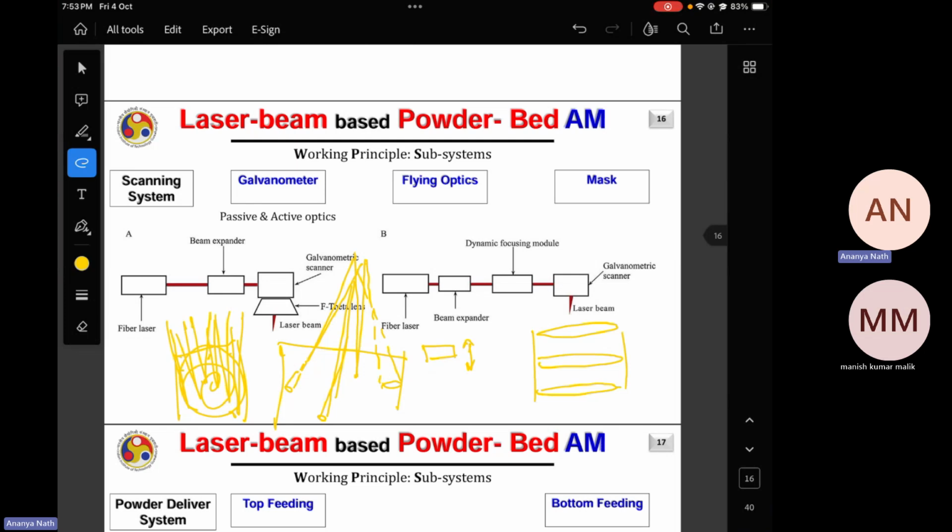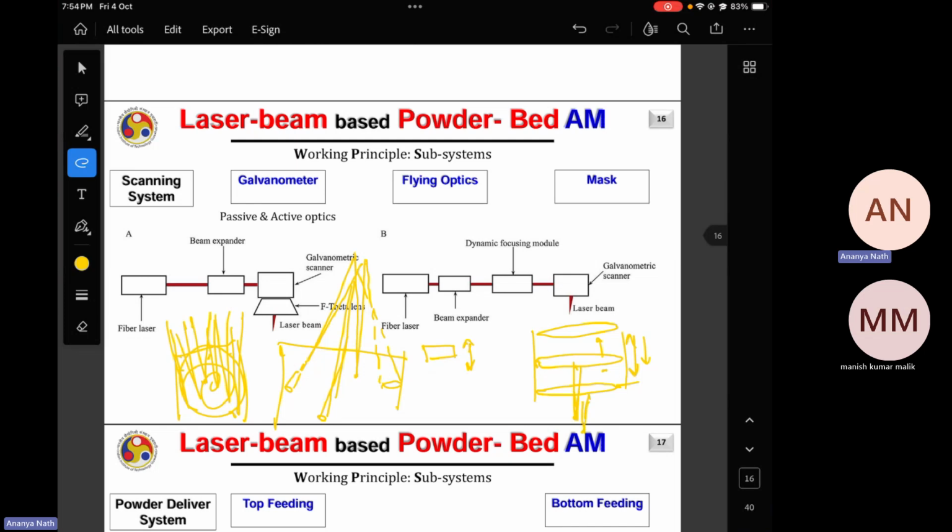So this lens is, suppose, a galvo scanner, which is capable of moving the laser beam very rapidly over the build plate. But this lens can move up and down. So if this is moving up, then your focus spot will be at this position. If this is moving down here, then your focus spot will be at this position.